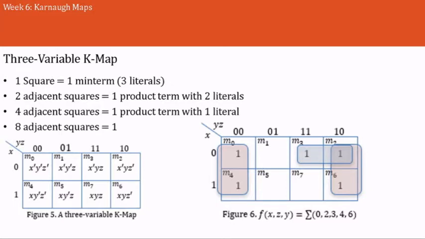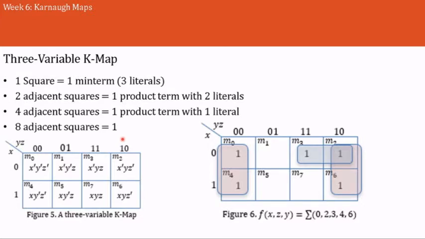If we have grouped 4 adjacent squares, our answer will consist of 1 literal. And if we have grouped all the squares, that is, 8 adjacent squares, the answer is equal to 1.